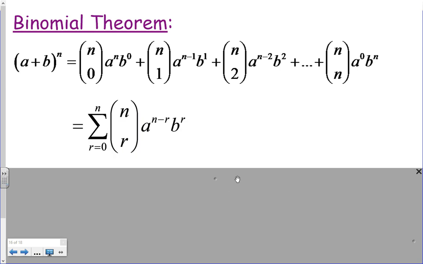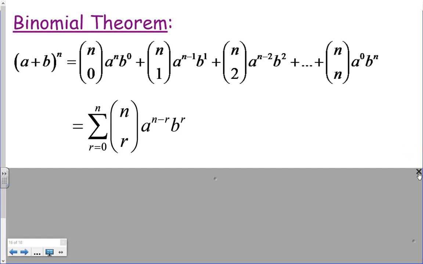It's the sum from r equals 0 to n of n choose r, a to the n minus r, b to the r. That's what it would look like as a sigma notation.